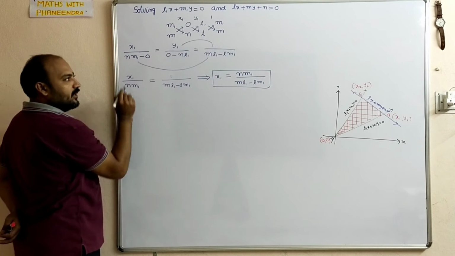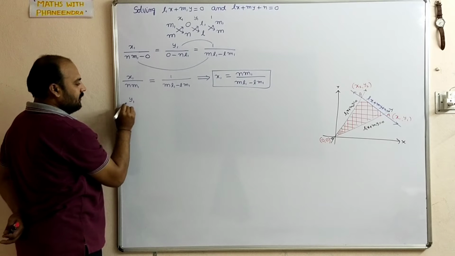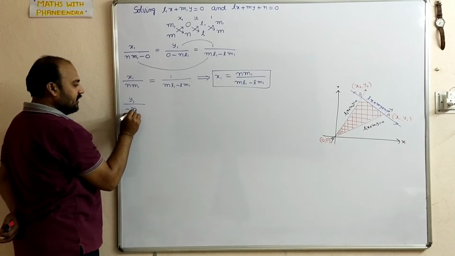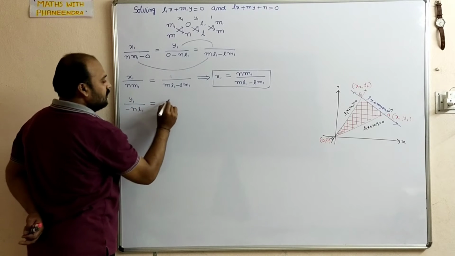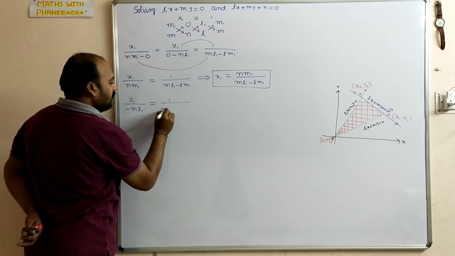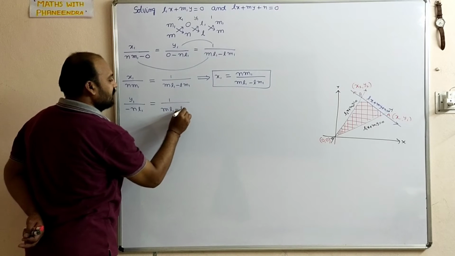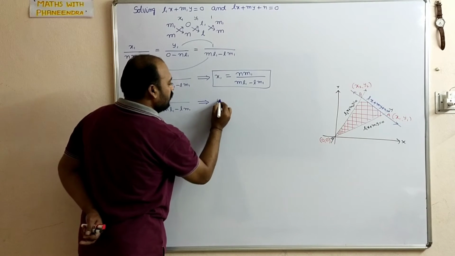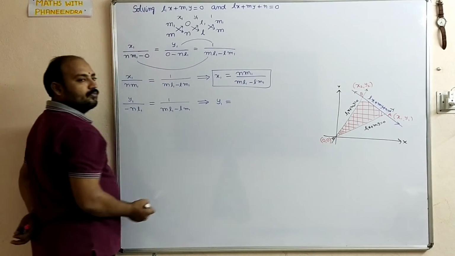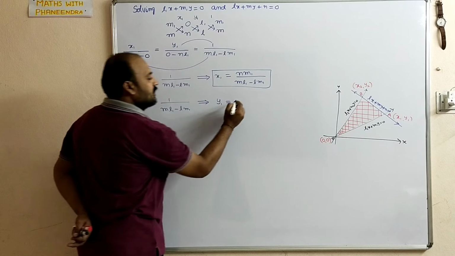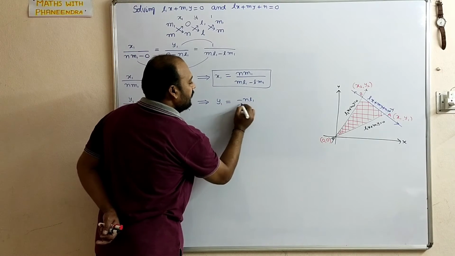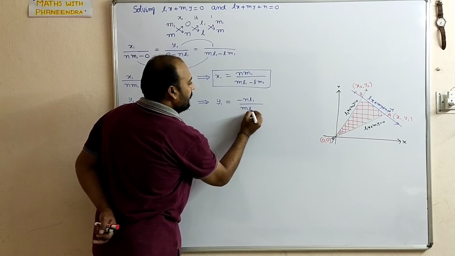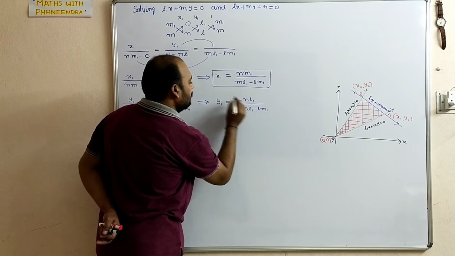Similarly, equating y coordinate and 1: y1 by minus n L1 is equal to 1 by m L1 minus L m1. So that implies y1 equal to minus n L1 divided by m L1 minus L m1.